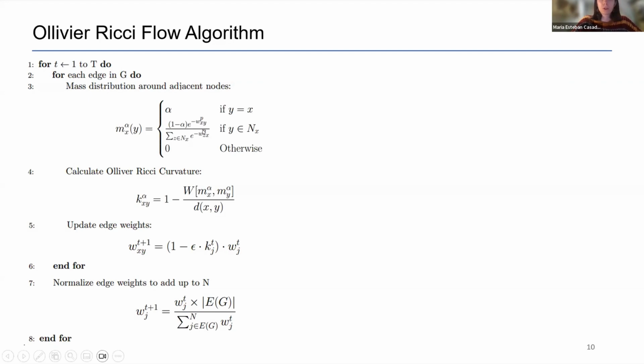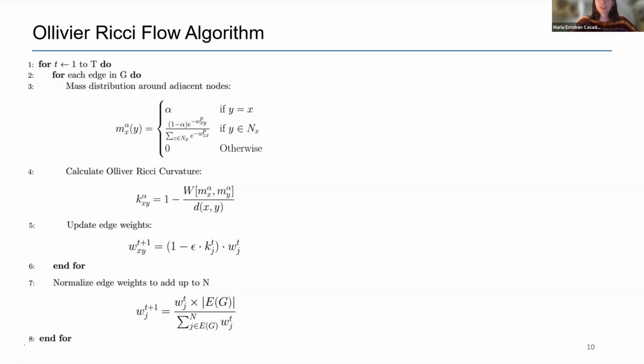Then we use this mass distribution to calculate the curvature of the edges using the same process that I explained. And then we update the weights of every edge using this iterative formula shown in step 5. Here, epsilon is just the learning rate, which in my project we always set to 1. And then at the end of the iteration, we normalize the weights of the edges so that they don't expand to infinity.